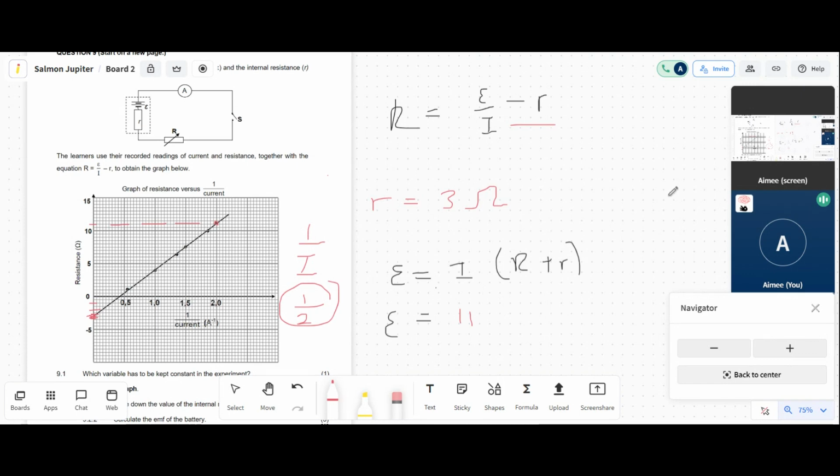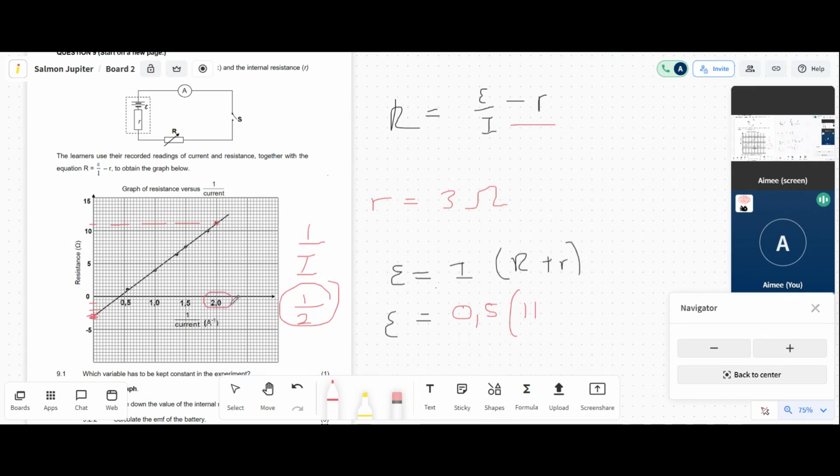Oh, I've swapped them around. Sorry, I wrote that in the wrong place. So my half is my current, and this was supposed to be substituted in by R, my resistance, because my Y value is resistance, and my X value is 1 over current.